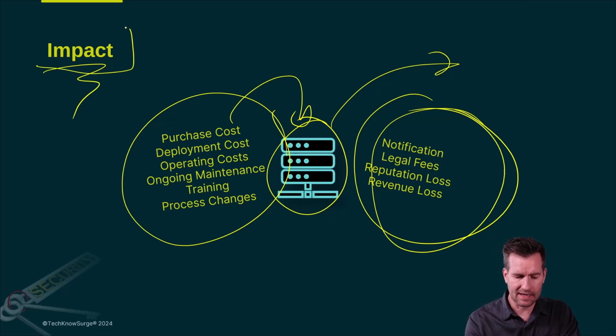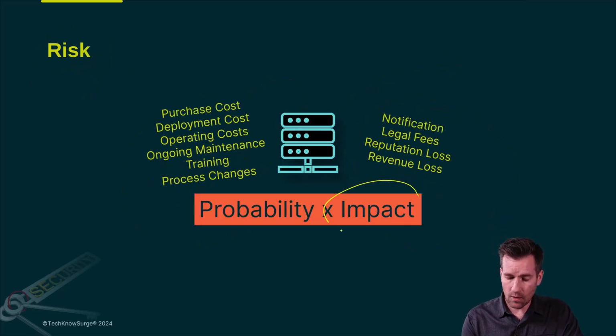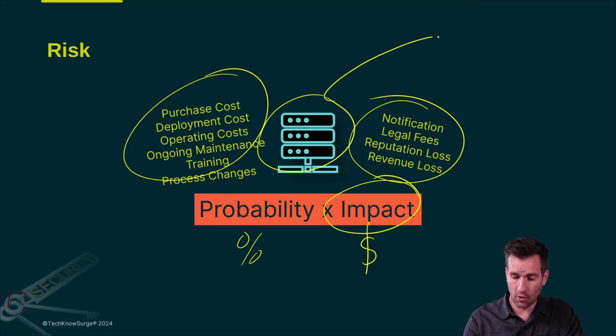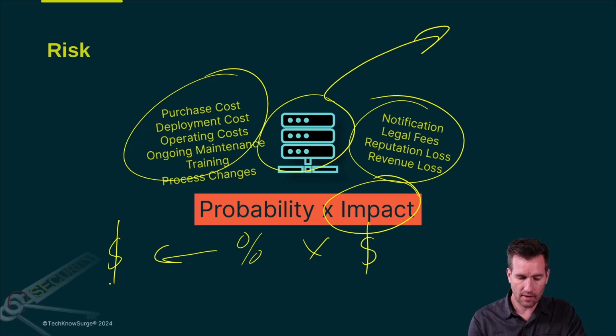What is the full impact? Then we understand what the impact is going to be. And now what we have to do is figure out the probability that these servers are going to get stolen, and that's going to equate to some sort of dollar amount associated with risk.